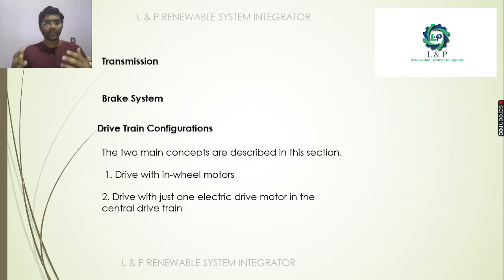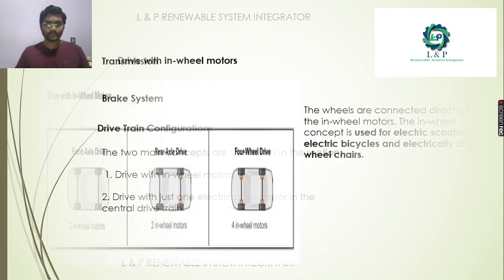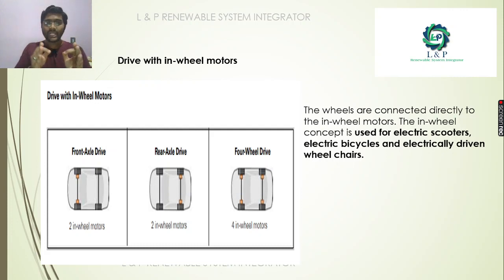As we told earlier, we are classifying the drivetrain configuration into two categories. One is the drive with wheel motors, and the other is the drive with just one electric drive motor in the central drivetrain. If we get into the concept of drive with wheel motors, we have three different configurations. One is that the wheels are connected directly to the in-wheel motors.